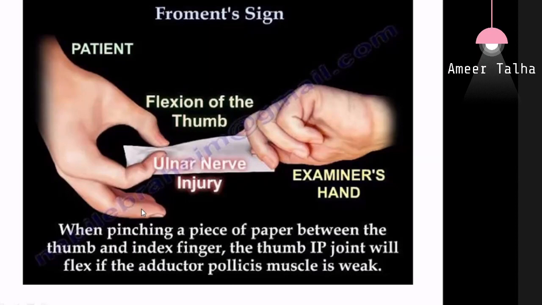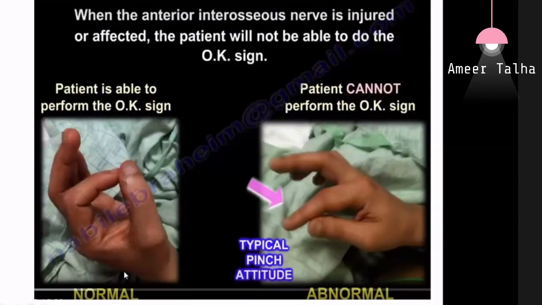That is similar to the poster, it is similar to what represents the OK sign. So the sign is absent if this posture is not developed. When you compare these two, this is the normal posture when the index finger and the thumb are approximated. That is called the OK sign.